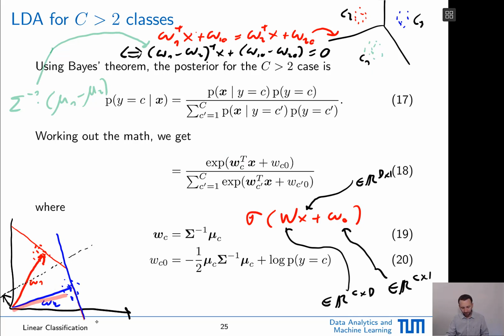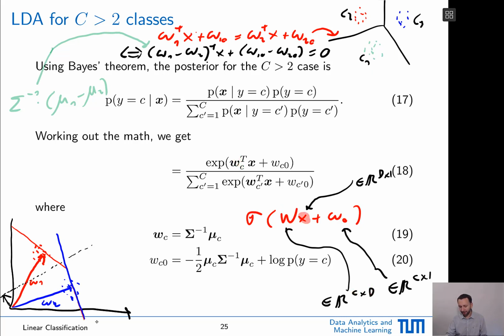Every class has its own normal vector, WC. Here we have stacked next to each other all these different normal vectors. You see, for every class C, I have this d-dimensional normal vector. So that's this matrix here.